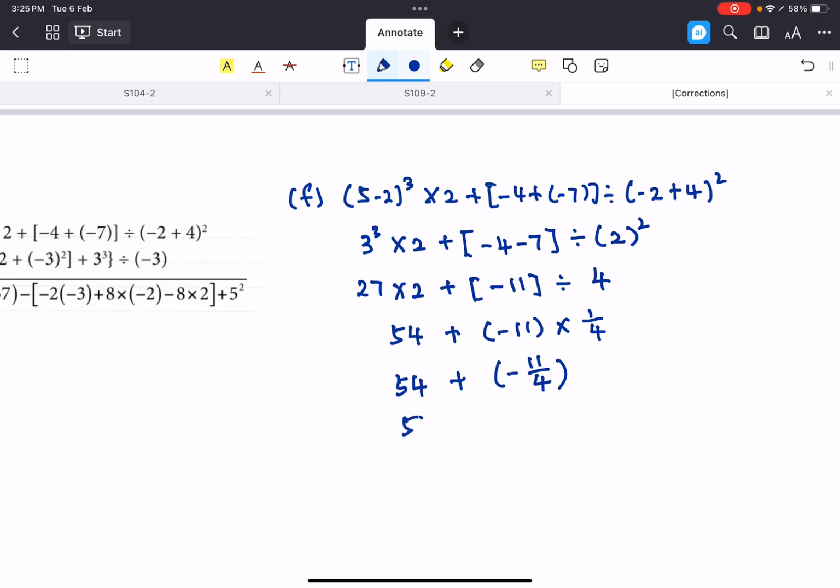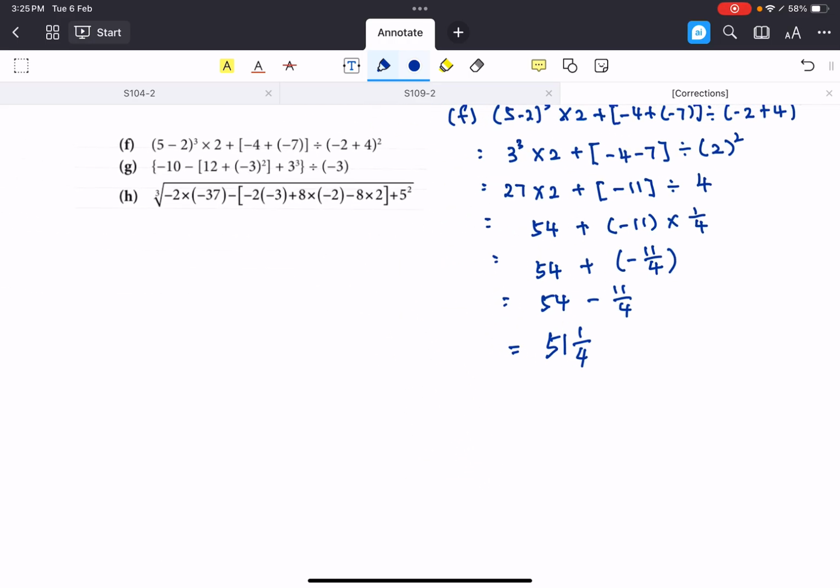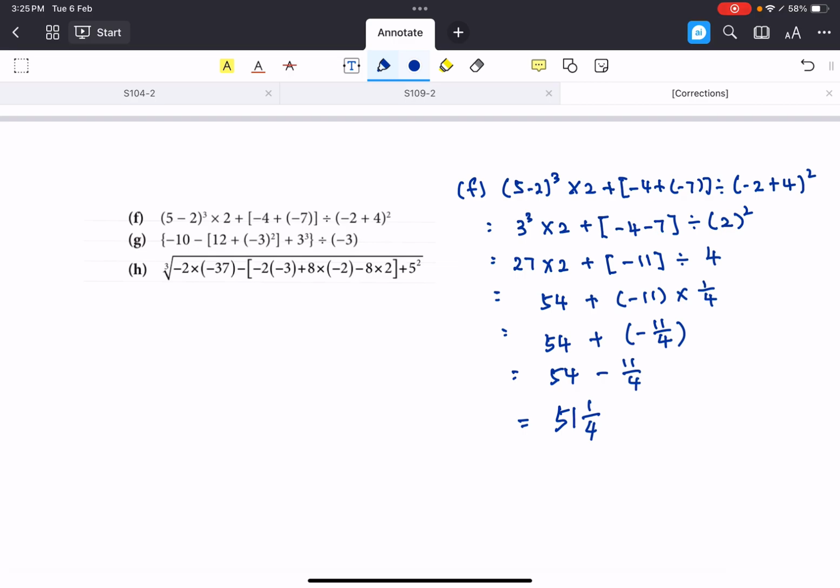So that will be 54 minus 11 over 4. So take calculator. Which gives us 51 and a quarter. Got that?